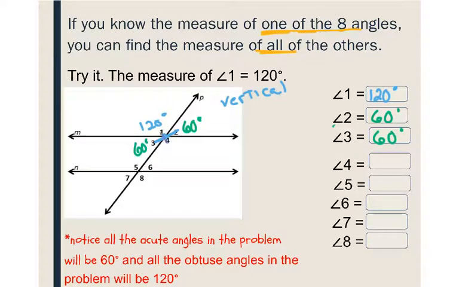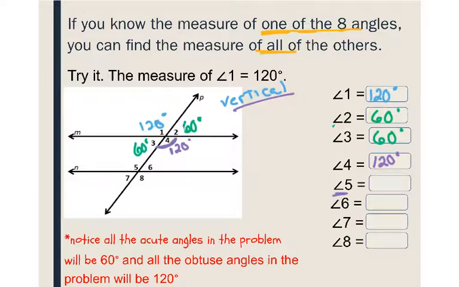If 1 and 4, same vertex, I could put a straight line here. They're vertical angles then. Vertical angles are congruent. So if 1 is 120 degrees, 4 has to be 120 degrees. So those are some relationships we're going to talk about. So let's talk about other relationships on finding the measure of angle 5. Let's use angle 4.